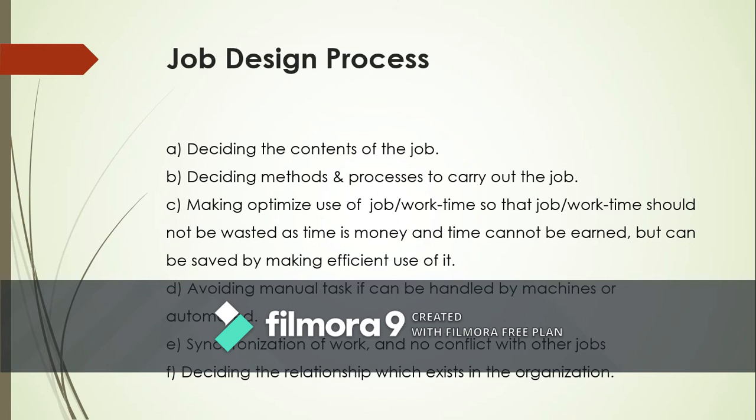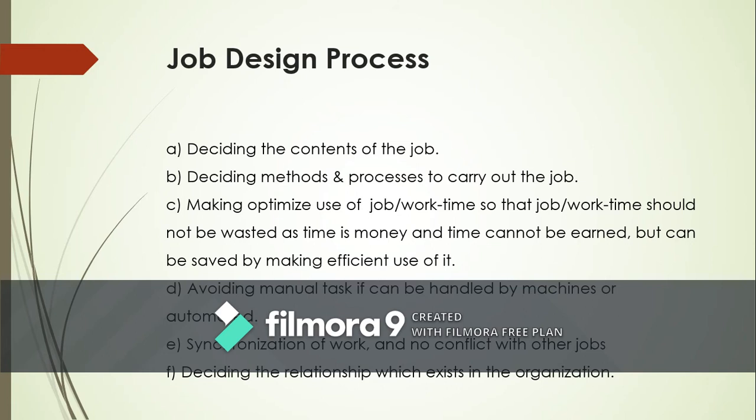Next one is making optimized use of job or work time, so that job or work time should not be wasted, as time is money and time cannot be earned but can be saved by making efficient use. So once everything is written, that is the contents of the job, and each task, the various methods of doing it are assessed.